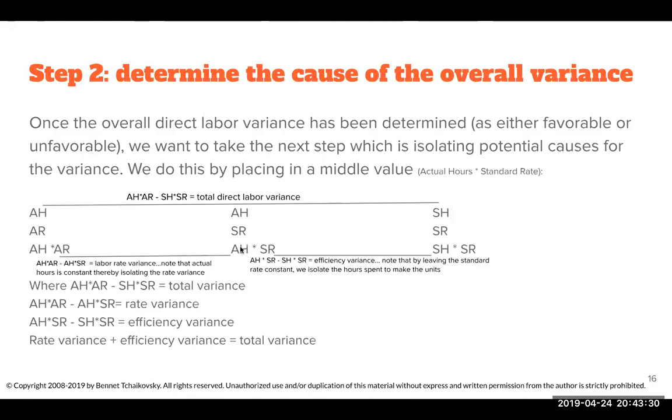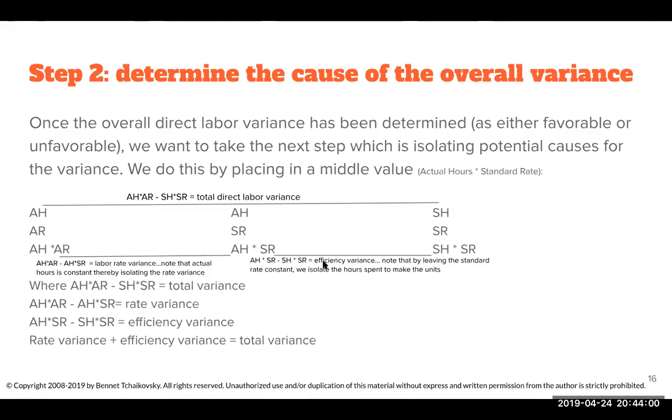Comparing actual hours to standard hours, instead of a quantity variance, we call this an efficiency variance. How efficient were we in making those units? Actual hours times the standard rate compared to the standard hours times the standard rate gives me my efficiency variance.